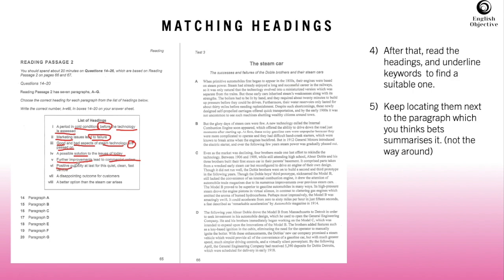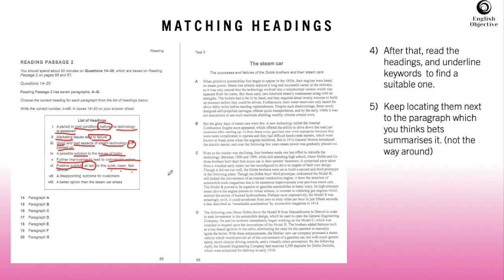So good publicity at last, finally, for this quiet, clean, fast vehicle. Okay, we do have very specific adjectives describing this car. So possibly we could find synonyms in the text. I don't remember right now, but we would definitely need to look for these three keywords: quiet, clean, and fast.